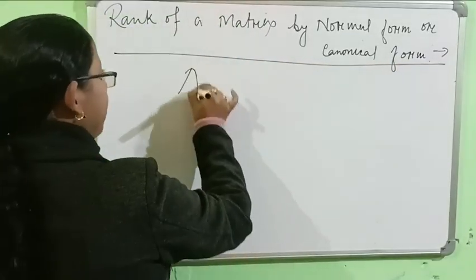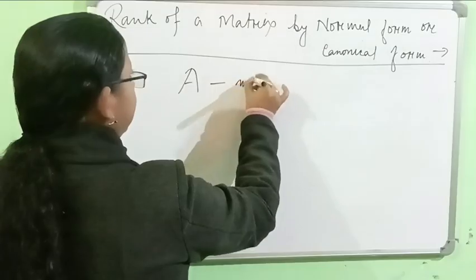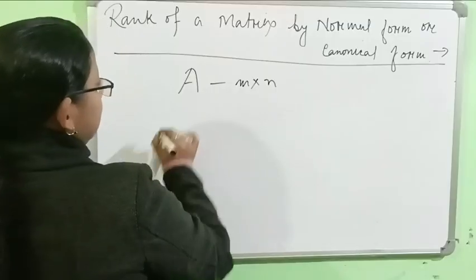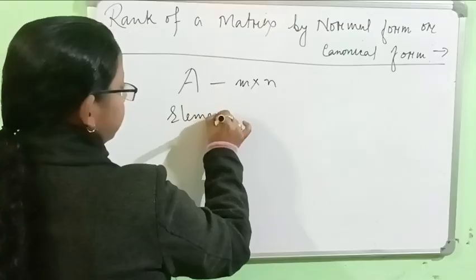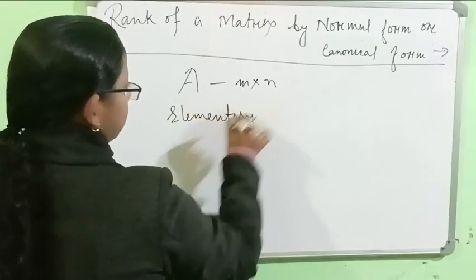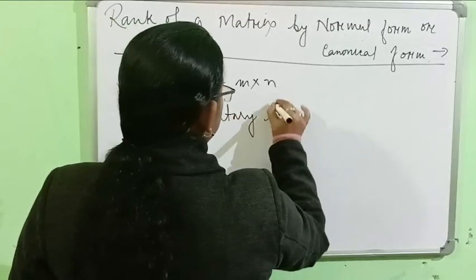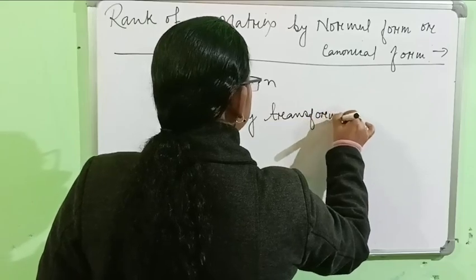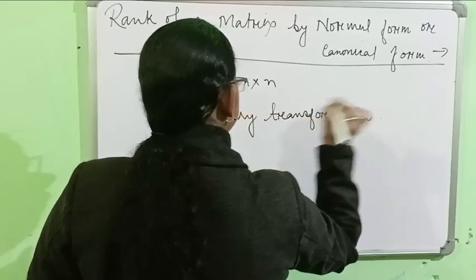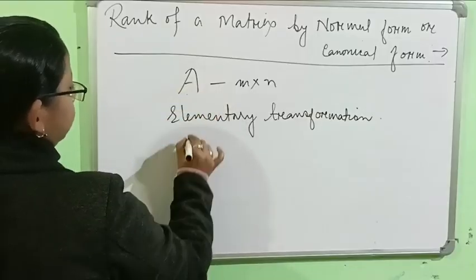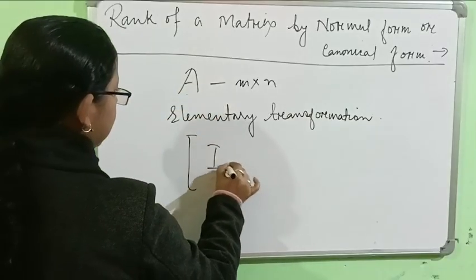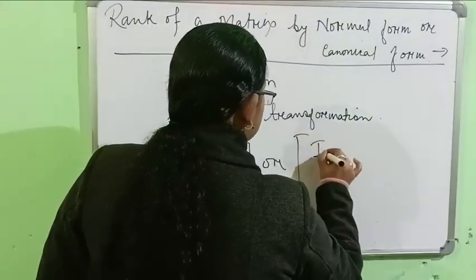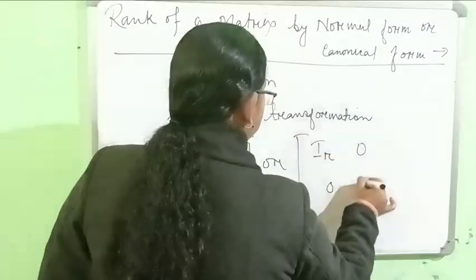A matrix A of order m by n is said to be in normal form if, with the help of elementary transformations, either row or column, both row and column transformations, we can reduce it to any one of these matrices: I_R, or I_R 0, or I_R 0, 0 0.